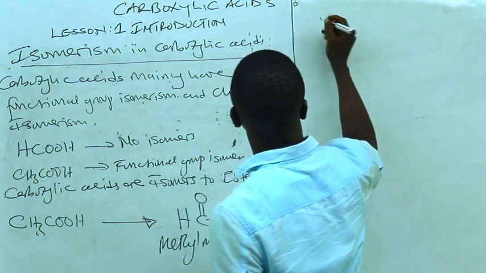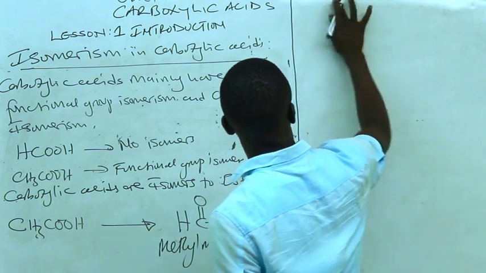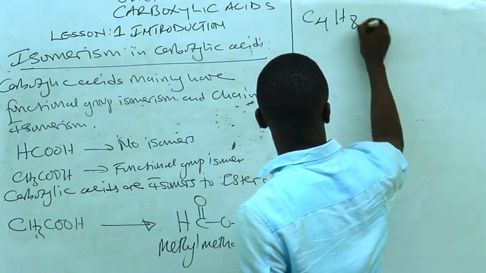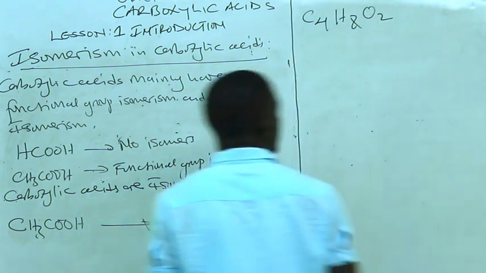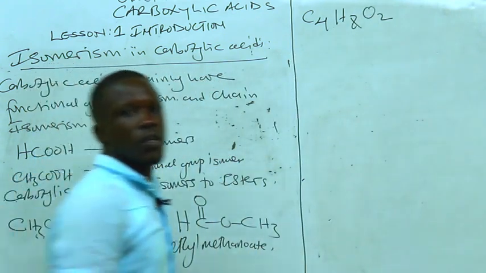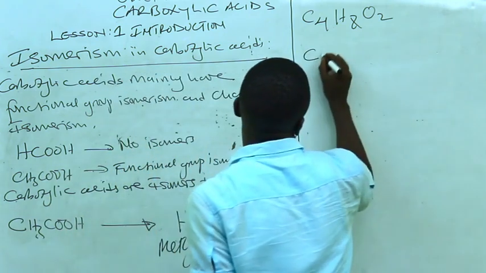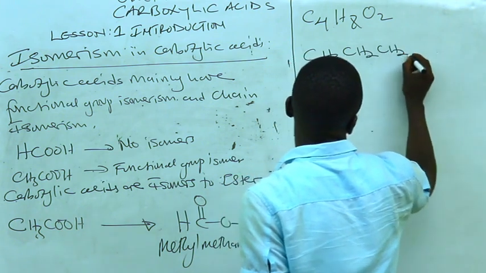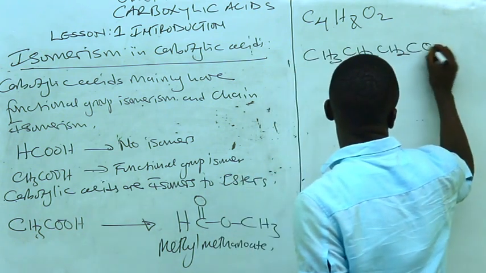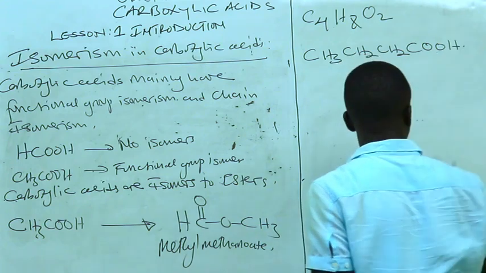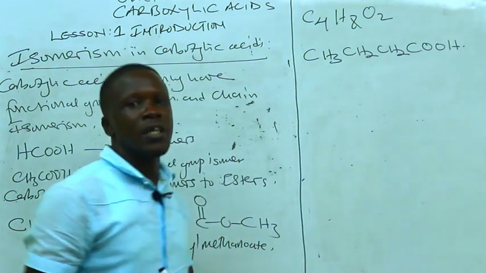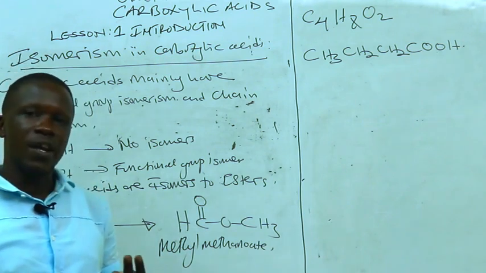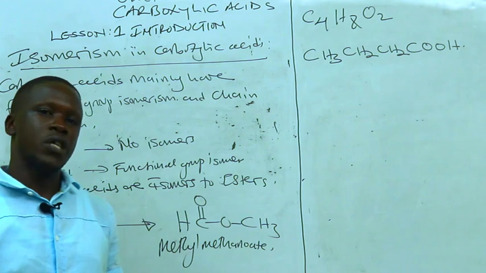Now, next. If we go to 4 carbon atoms, C4H8O2. If we write the first structure, we would have CH3, CH2, CH2, COOH. Now, this compound has the ability to have both the chain isomer and the functional group isomer.